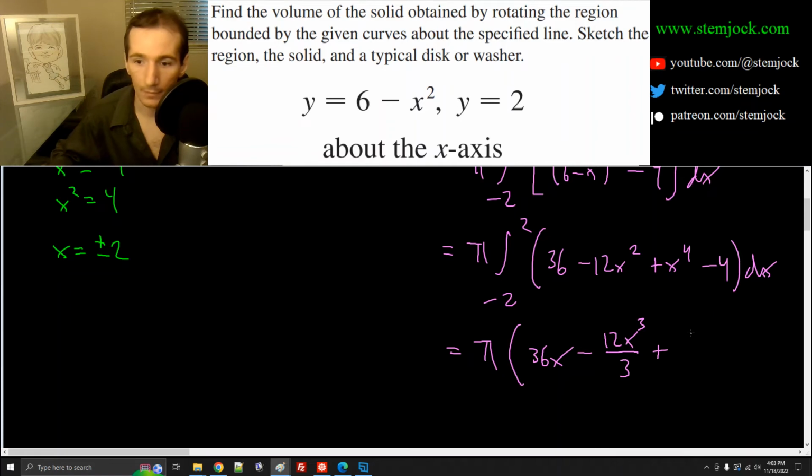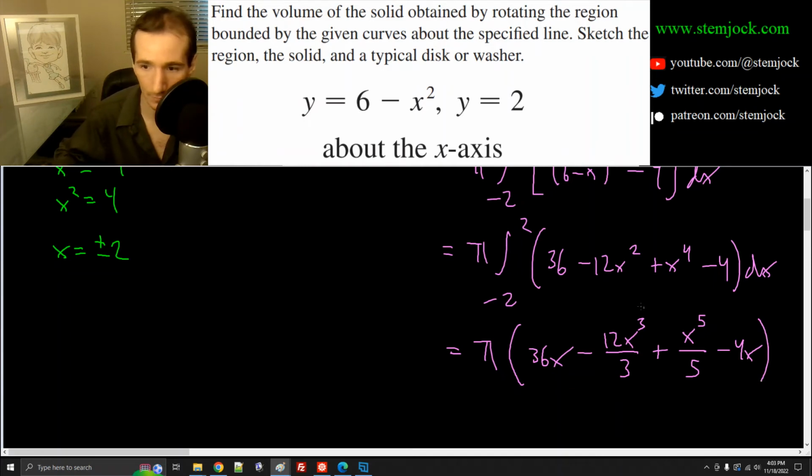And now I'm going to do the same thing for the third term: bump up the exponent by 1 and divide by that same number. And then the final term here is minus 4x. I could have combined the 36 and the 4, but that's okay. No big deal. And my limits of integration are from negative 2 to 2.